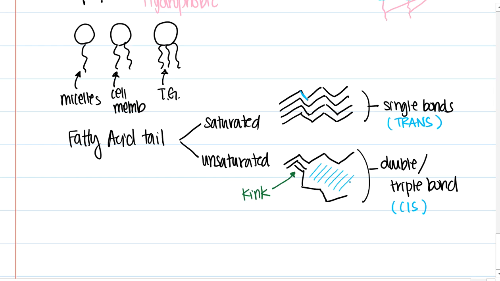This is going to allow for fewer fatty acid tails to fill the same volume. If you look at this versus this, even in the same surface area, the first saturated one can hold up to 4 fatty acid tails, whereas this one can only hold up to 2. So there's less fat that you're holding. Does that kind of make sense?